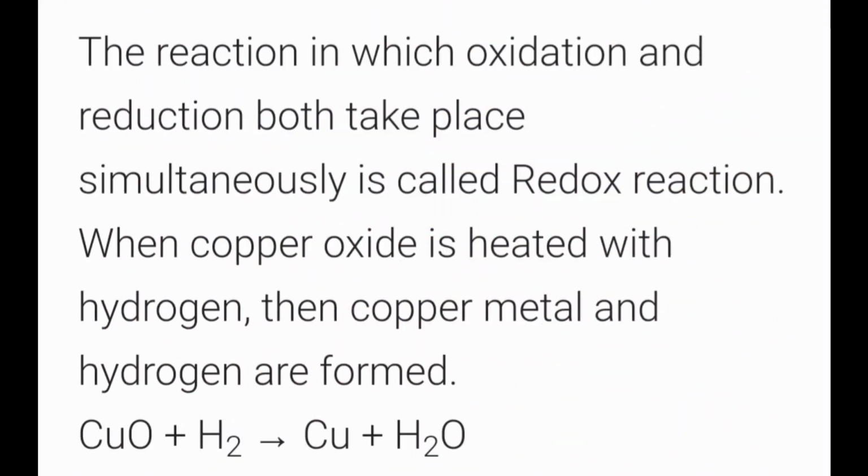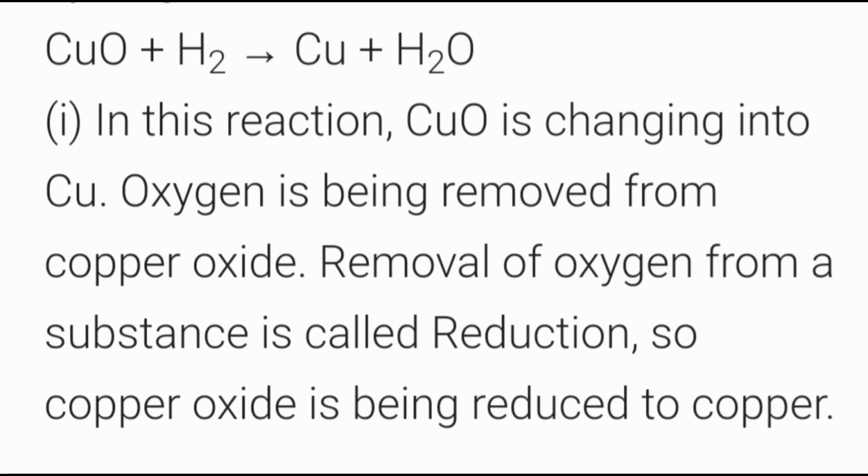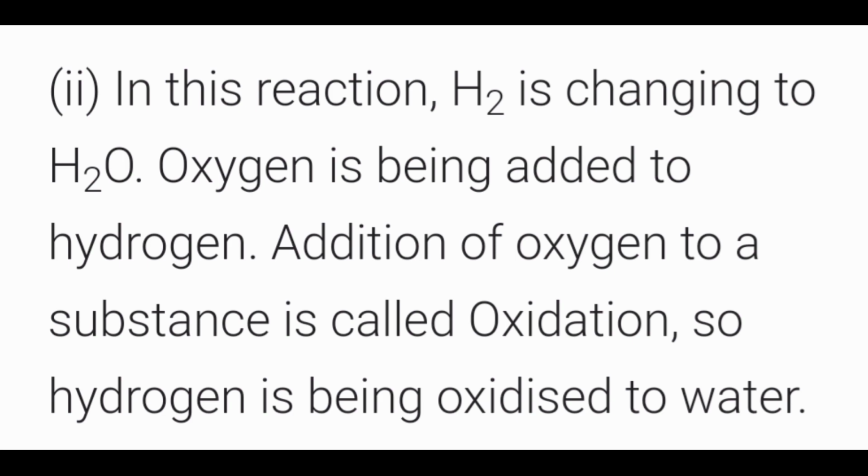Redox reaction. The reaction in which oxidation and reduction both take place simultaneously is called a redox reaction. When copper oxide is heated with hydrogen, copper metal and water are formed this way. In this reaction, copper oxide is changing into copper. Oxygen is being removed from copper oxide. Removal of oxygen from a substance is called reduction. So copper oxide is being reduced to copper, and hydrogen is changing to water, H2O.